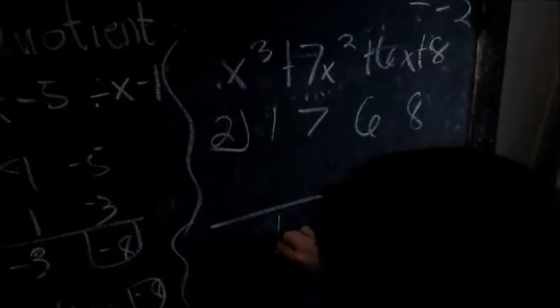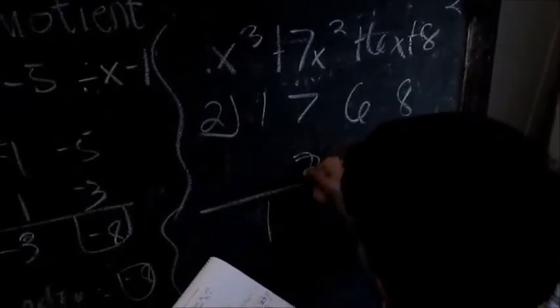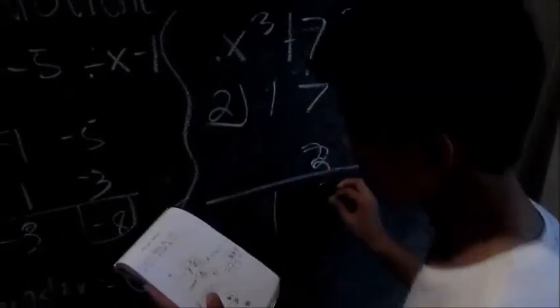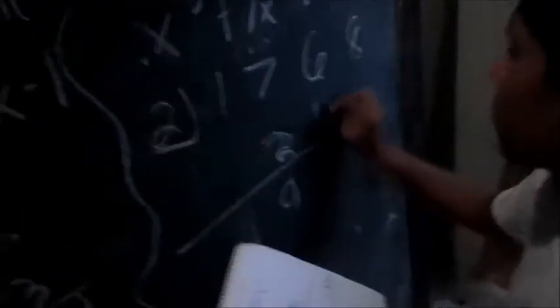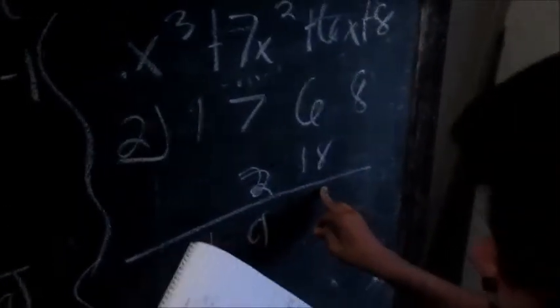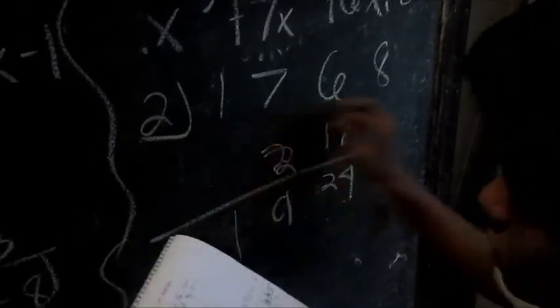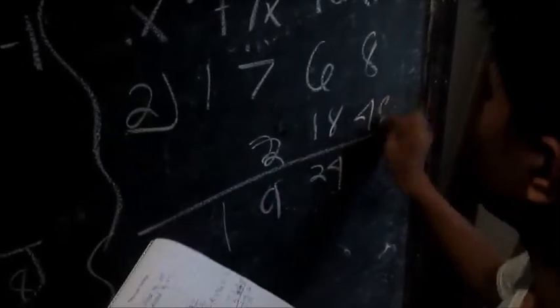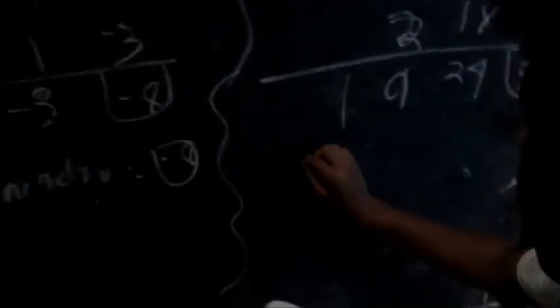Bring down 1. 1 times 2 is 2. 7 plus 2 is 9. 9 times 2 is 18. 6 plus 18 is 24. 24 times 2 is 48. So we have 56.